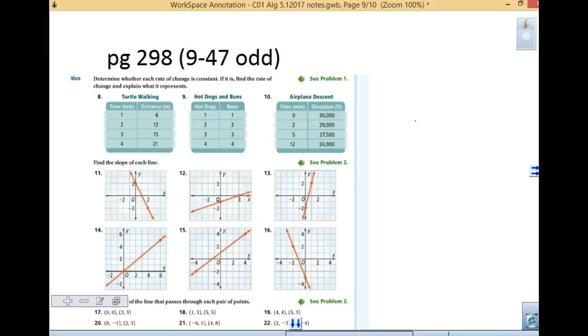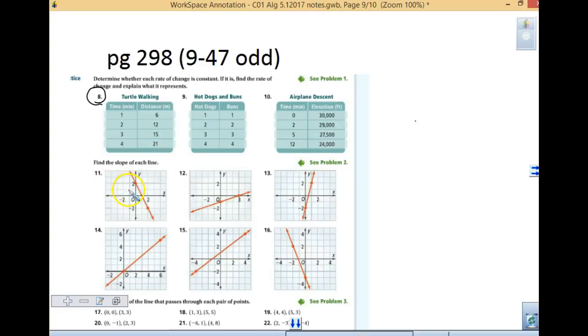So, you are working on page 298. As you are looking at this, they just ask you to determine the constant rate of change. Find if it is, find the rate of change, explain what it represents. So when you do number 8, after you find that rate of change, you need to tell me in words what it represents. So just like that first example.